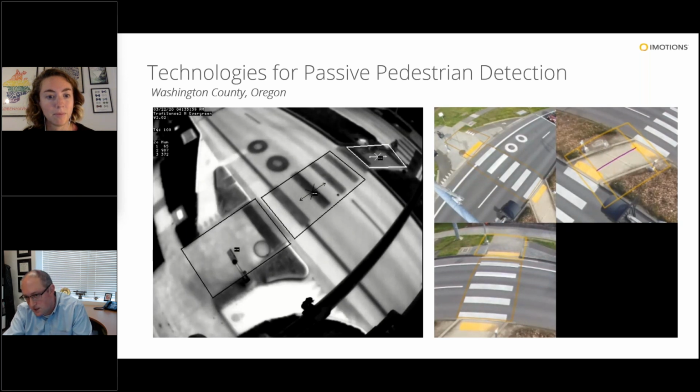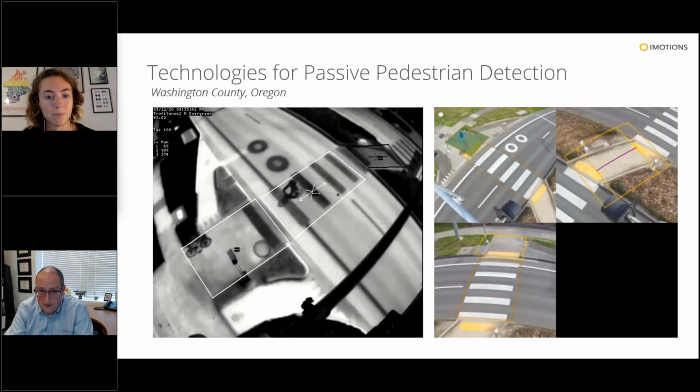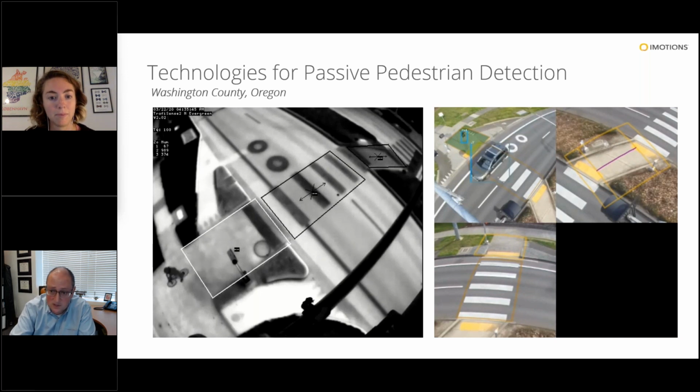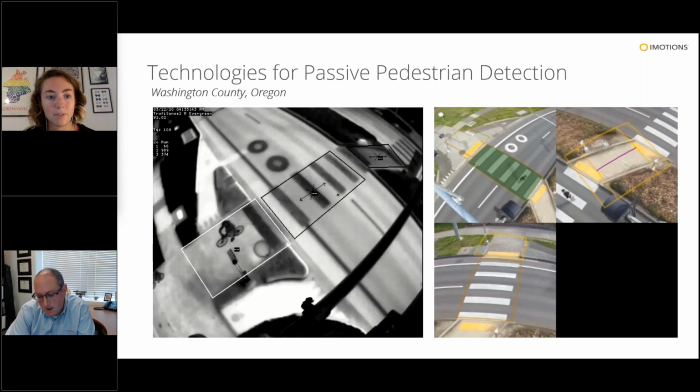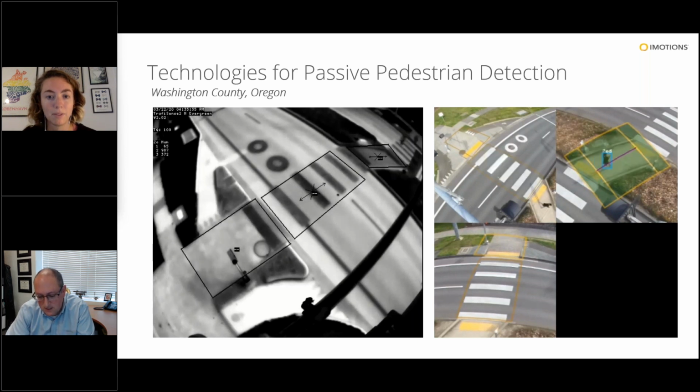On the right side of the screen, you're looking at an optical solution that's doing something similar. We helped the county evaluate the relative performance of these types of systems to track peds and bikes in real time. With those data sets, we're able to do some really compelling stuff in terms of dynamically adapting the phasing at this location.